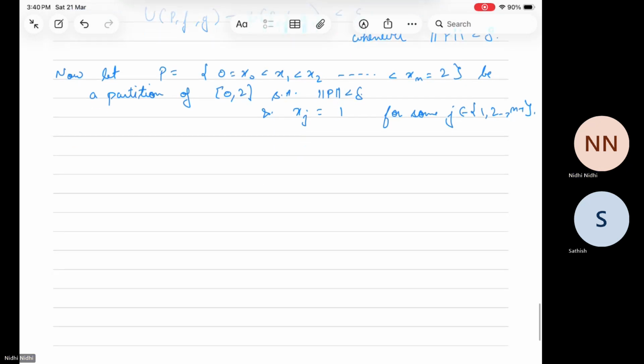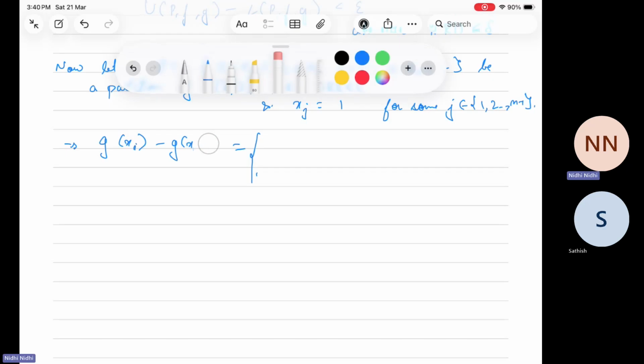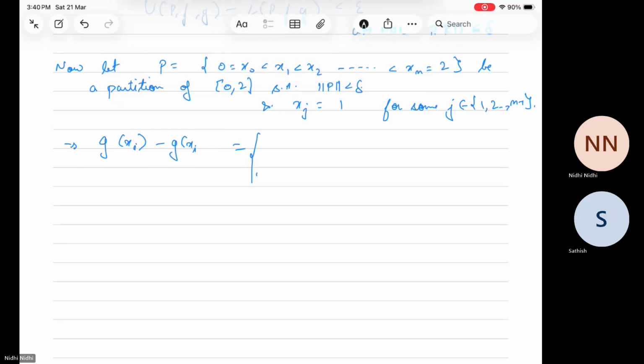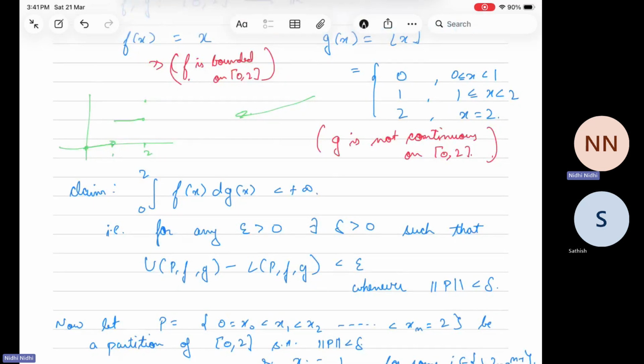Now this implies, what will be our g(xi) minus g(xi minus 1)? If you look at the graph of the function g, you can see that if xi and xi minus 1 are both strictly less than 1, then obviously both the values are 0.